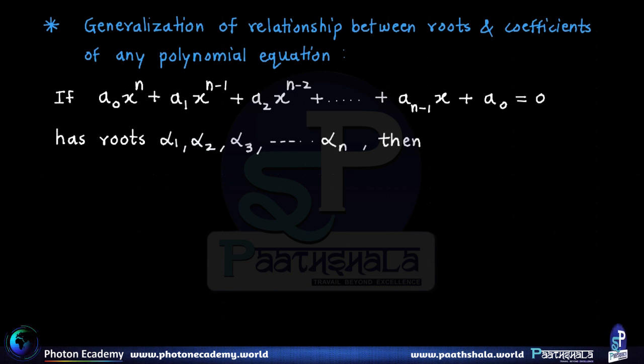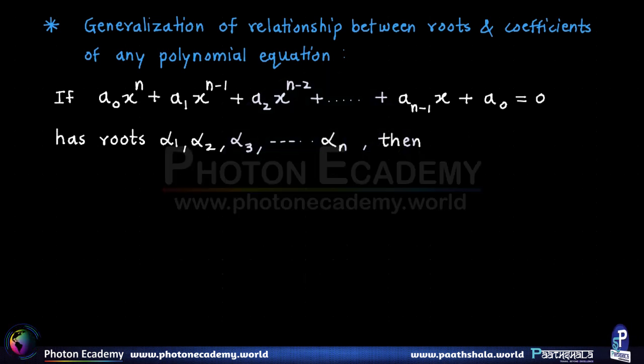Now let's consider an equation as shown here, which is a polynomial equation in x, and since it's of degree n, it will have n roots, denoted by alpha 1, alpha 2, alpha 3 up to alpha n.